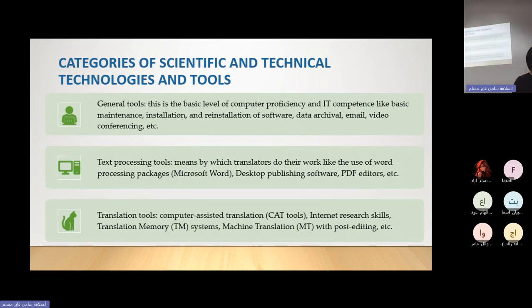Categories of scientific and technical technologies and tools. What do we need? There are 3 types of tools. We have general tools, we have text processing tools, we have translation tools.